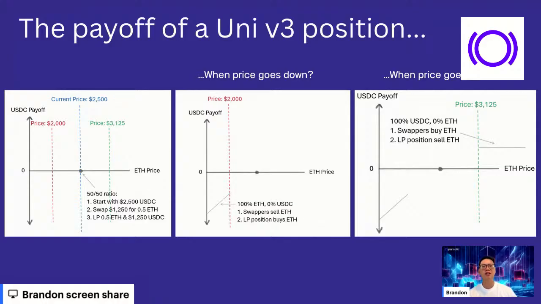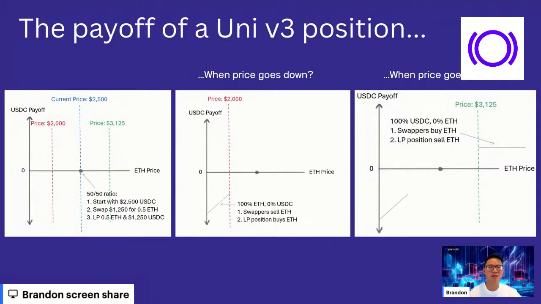So eventually, once the price goes high enough above your 31.25 price range, your position is now composed fully of USDC. You're 100% USDC, you have no more ETH. So if you notice, the payoff curve here is actually flat. The reason for that is because now that your LP position is completely composed of stablecoin, it doesn't matter what the ETH price does.